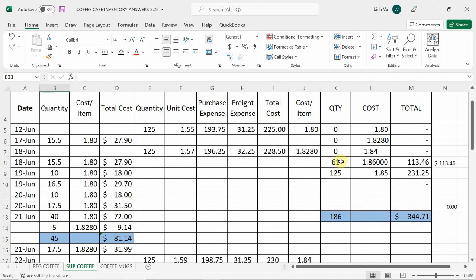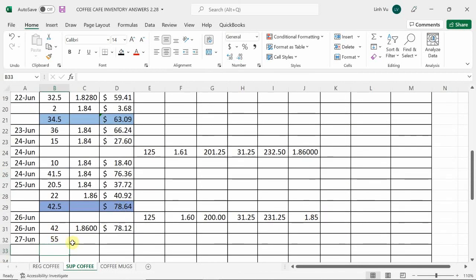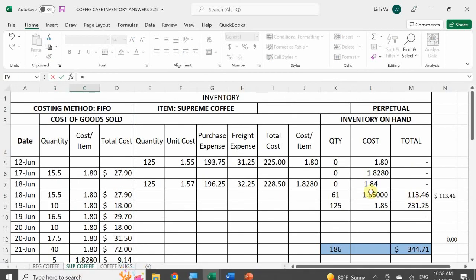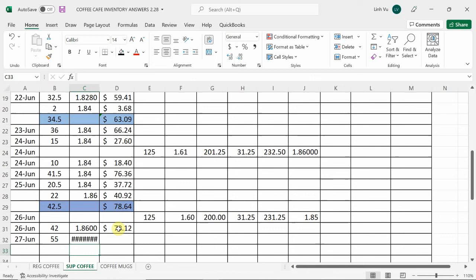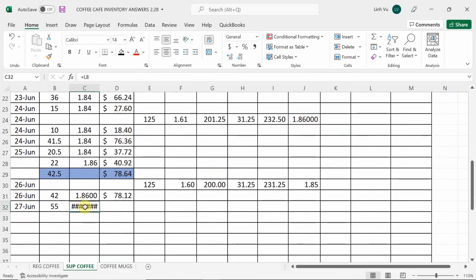I have 61 pounds in this one pile at $1.86. So 55 pounds at $1.86 is going to get me a grand total of $102.30. So let's update my inventory.